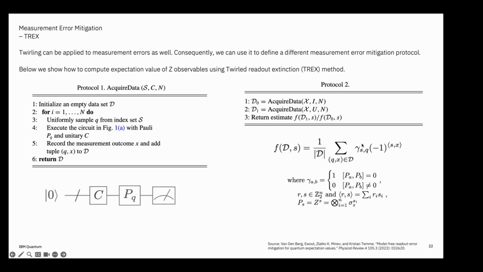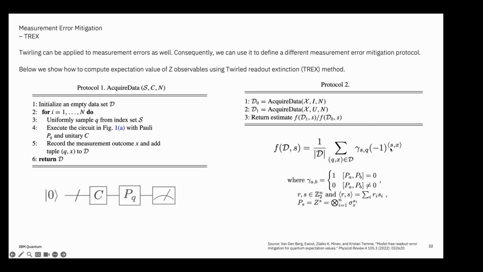So gamma SQ is going to be 1 or 0 depending on whether this particular Pauli commutes or anti-commutes with Z of S, which is essentially the Z observable with identities wherever there are zeros and Z's wherever there are ones.